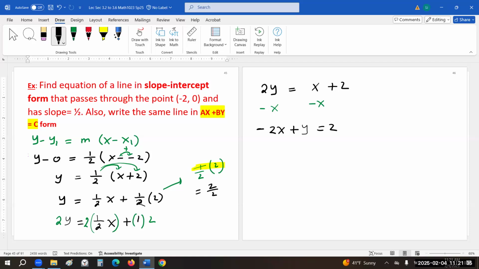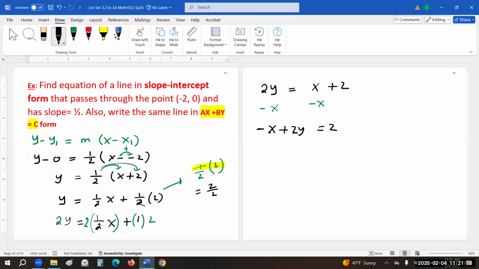How do you have negative? Good catch. I messed up my coefficients. It's negative x plus 2y. So would you like to tell me the next step?